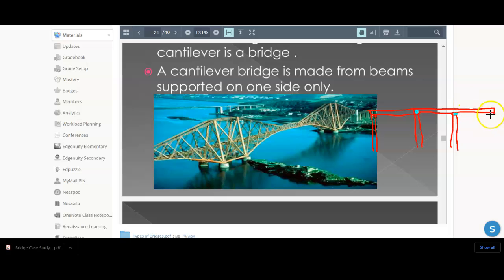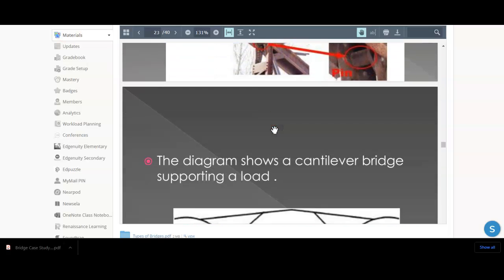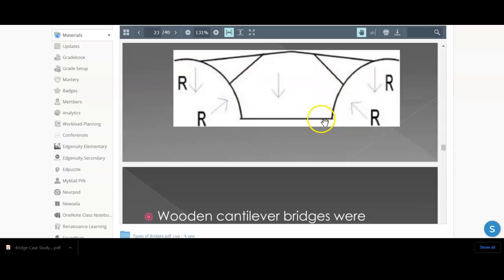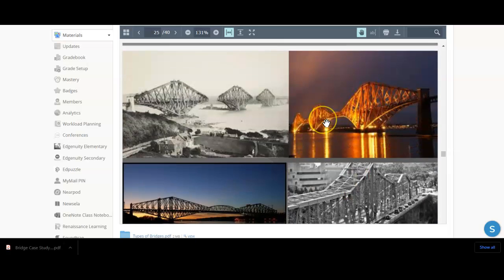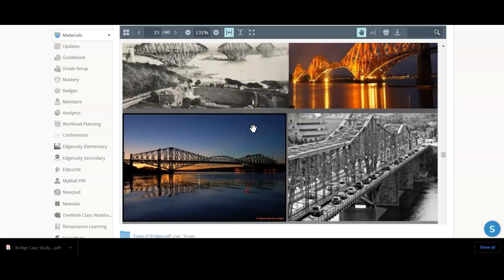That's similar to this balcony, and you have it on both sides. And you hardly see these in the United States, but you do see these in Asia, and that's pretty much how their engineers solved a lot of these problems that they do have. And so there's that. There's just some of the joints that have been used, and then this is the transfer of the weight. And here's some of those cantilever bridges.